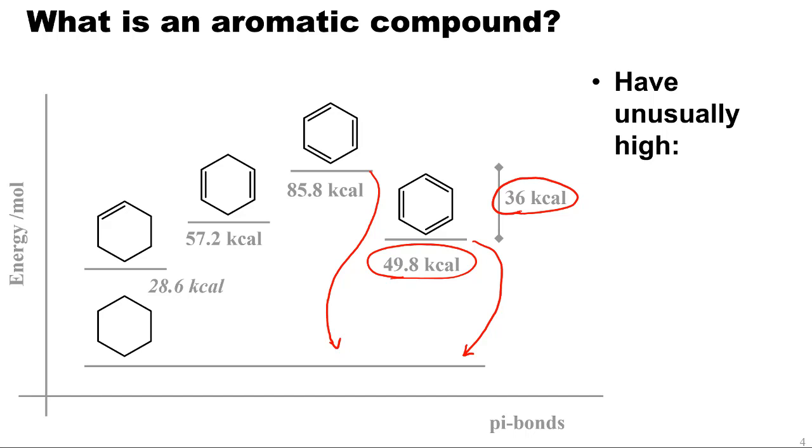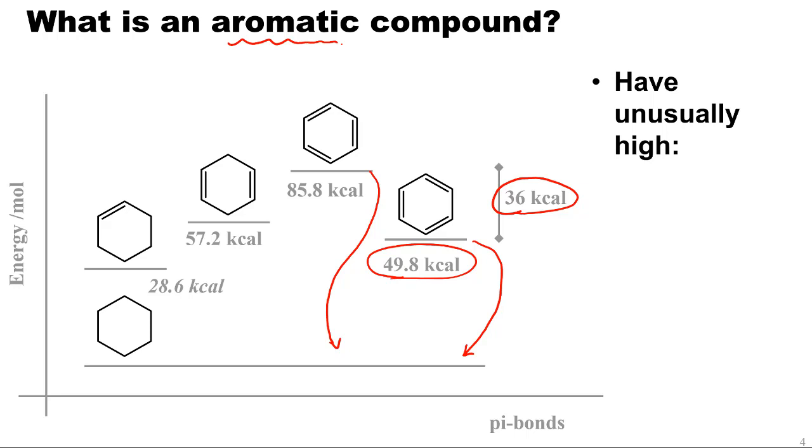So one of the things, when we say a compound is aromatic, now aromatic originally came from the idea that compounds like vanillin or, let's see, what's the other one? Clove. They had these good smells associated with them. That's where aromatic originally came from.